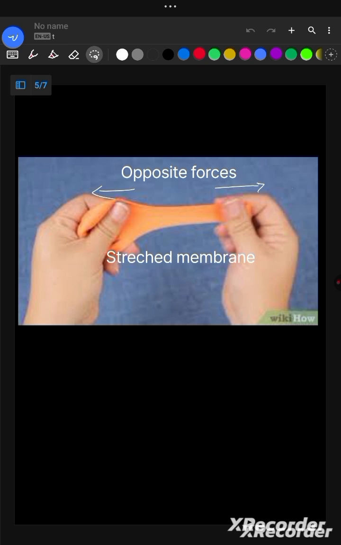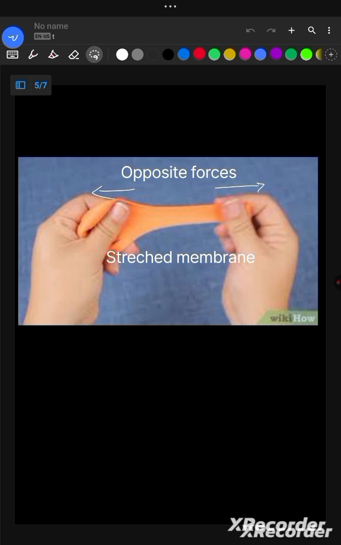Therefore, this balloon is now behaving like a stretched membrane or stretched film. For anything to be stretched, two opposite forces should be acting. Then only it will be stretched. Now, this balloon we can call a stretched film.